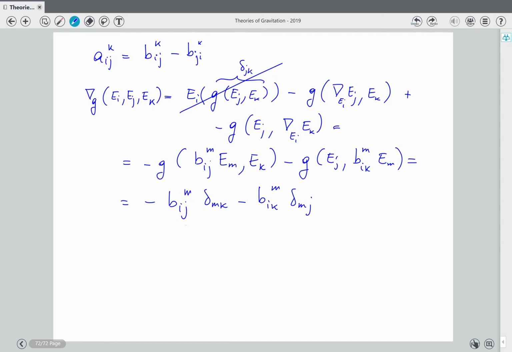In physics, we will have instead of delta, we have eta. So I just anticipate what we will get there. We will get what we call the condition on a spin connection, and that will be an object like that, which will be antisymmetric in two indices, but we will see it probably in 2 days or something.